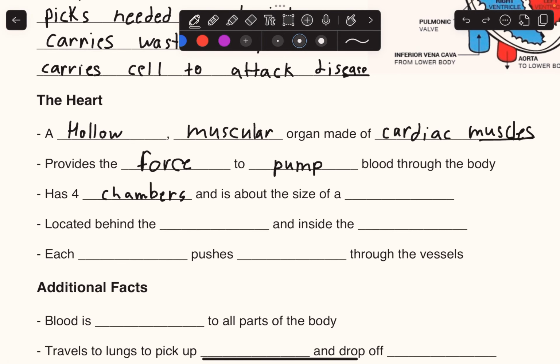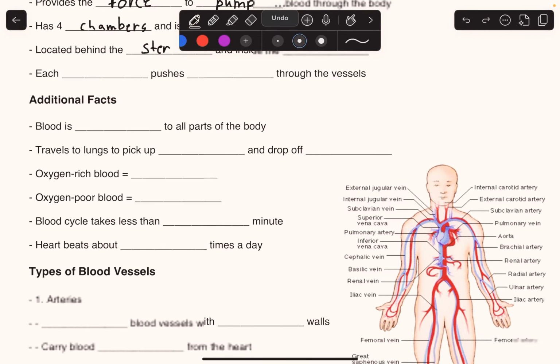And it is about the size of a fist. Like, your fist is very close to the size of your heart. So if you make a fist, you'll see approximately how big your heart would be. It is located behind the sternum, which is a bone right over here.